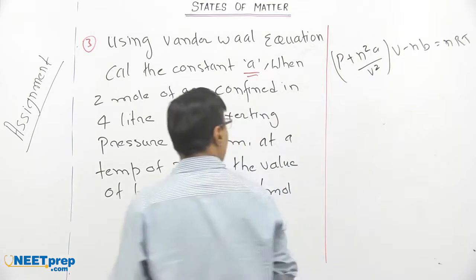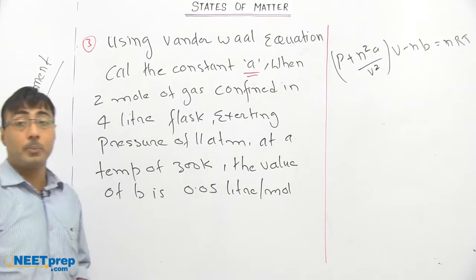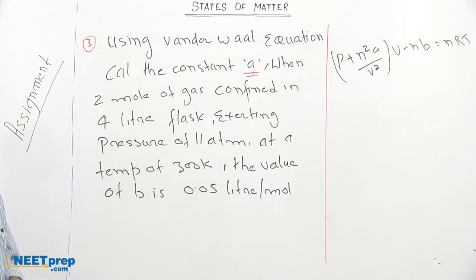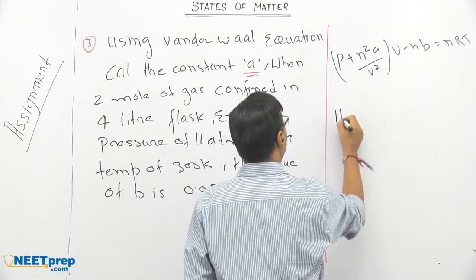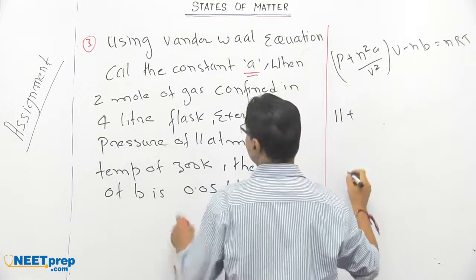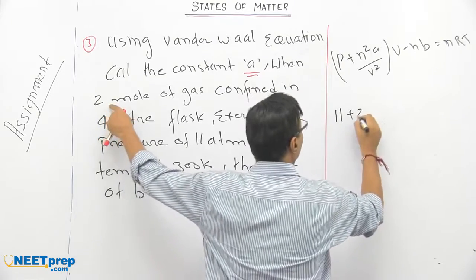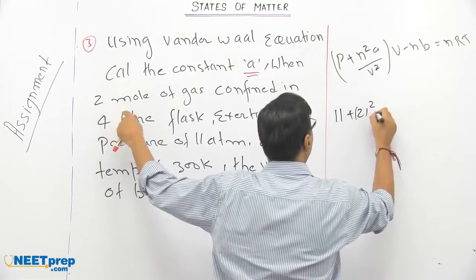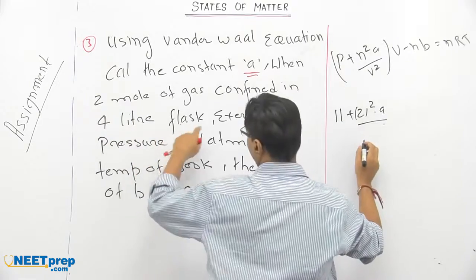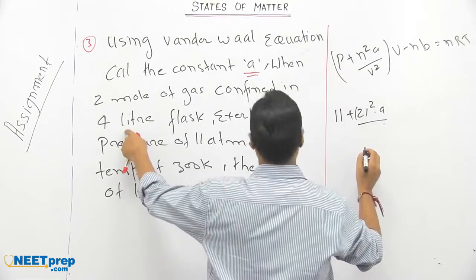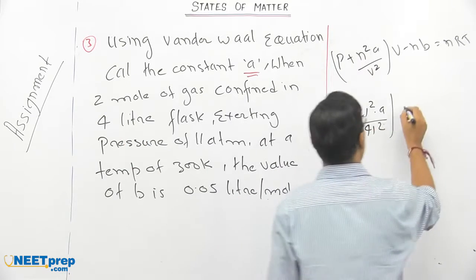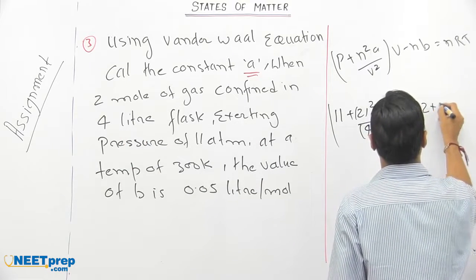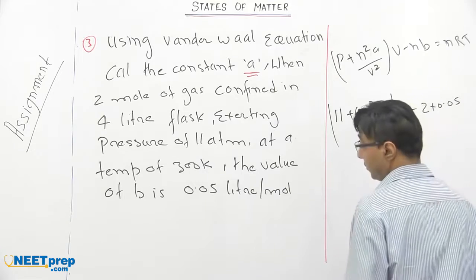And by putting the relevant values, we have to find out the value of A. Let's put the given values. P is equal to 11 plus n is equal to 2, whole square into A, we don't know. Volume is 4 liter, 4 minus 2 into 0.05.